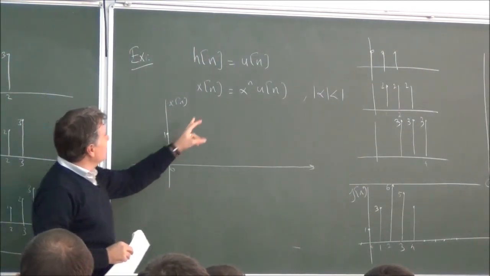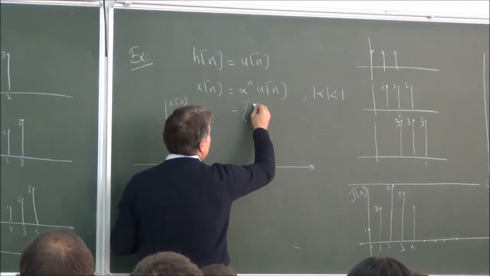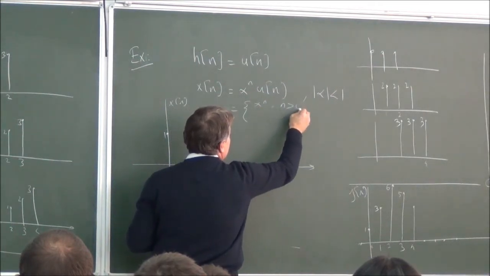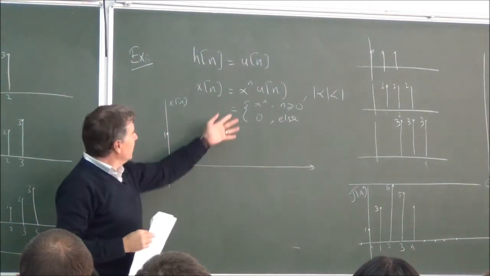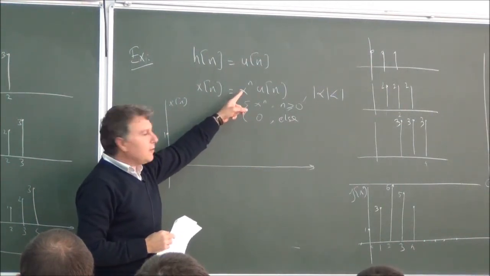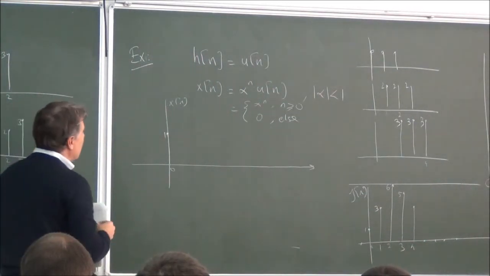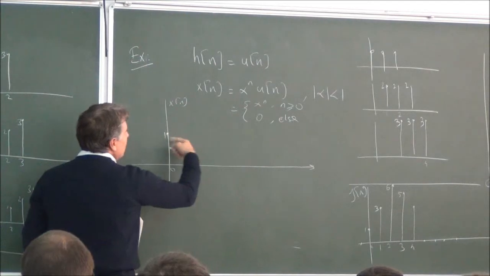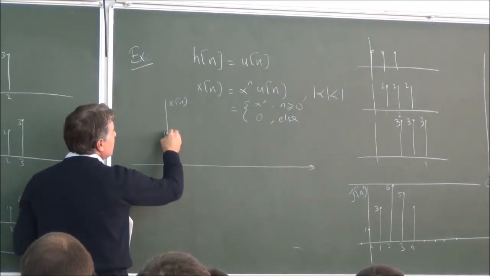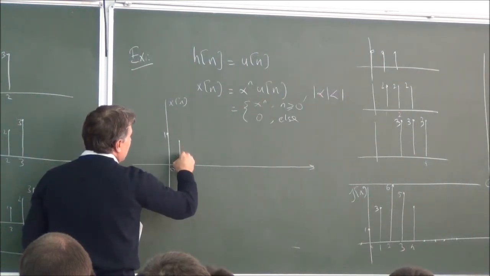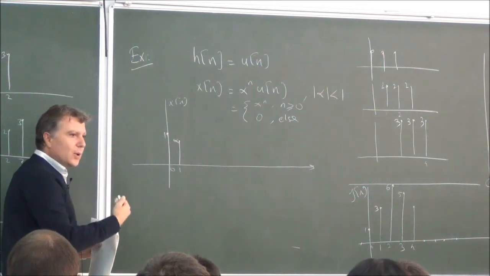So you could also say that x of n is equal to an alternative expression. It's equal to alpha to the n for n greater than or equal to 0, and it is 0 else. Writing this in a more compact way is alpha to the n u of n, and we usually use it that way. So starting from 0 and onwards, we have the signal. At 0, it is alpha to the 0, which is 1. At 1, it is alpha to the 1, which is alpha, which is less than 1.